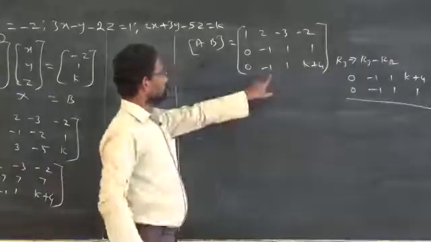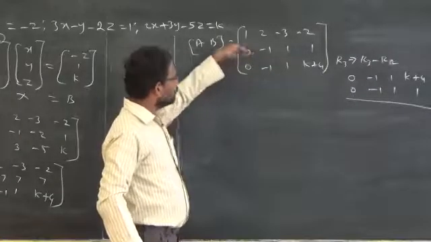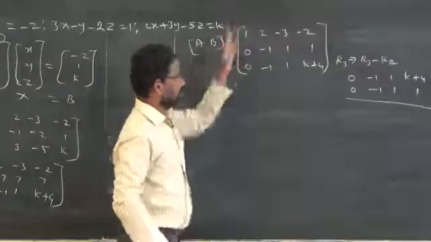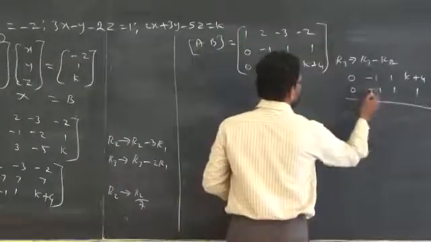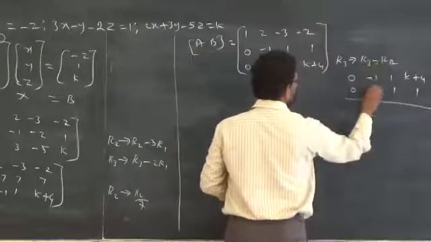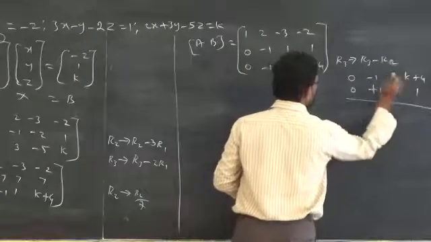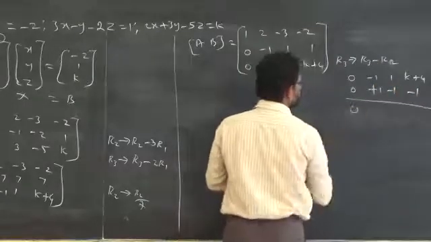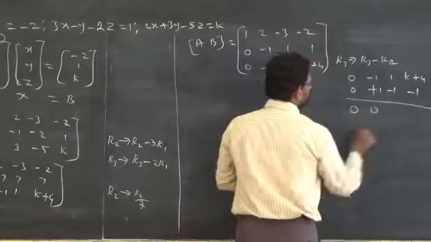To make this element 0, you are supposed to take only R2 and R3, not R1. Change the sign because I am introducing the negative sign. So, minus will become plus, plus will become minus, minus 0, 0, 0.